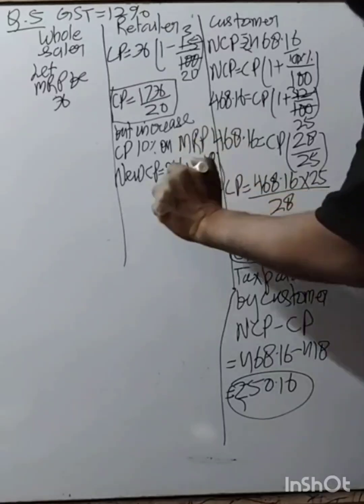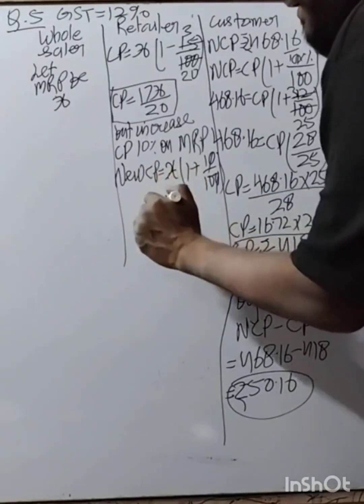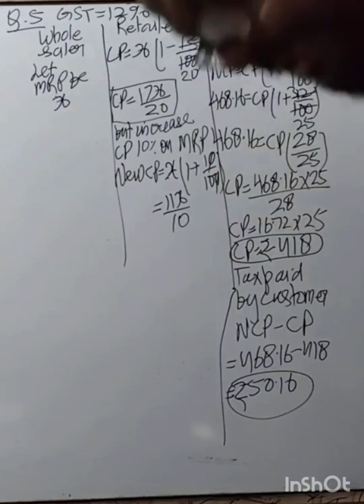So it becomes 11x upon 10, right? This is what he has.